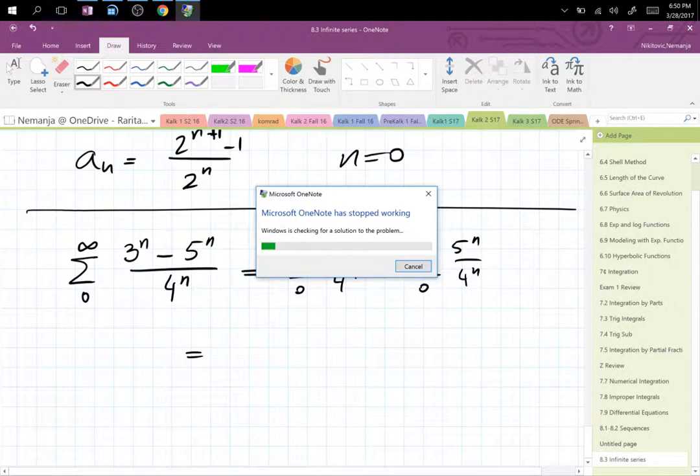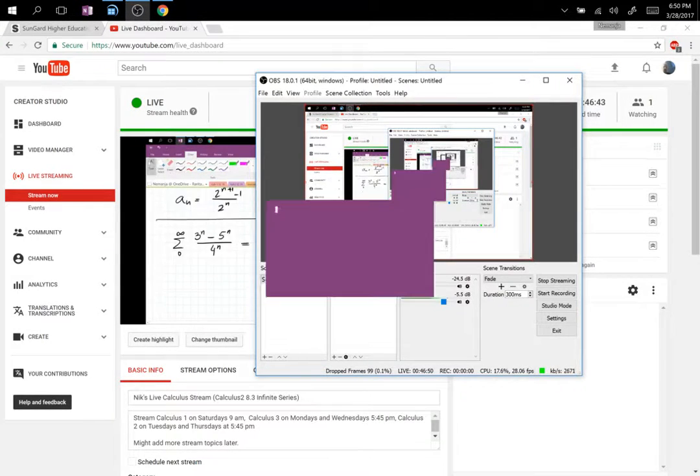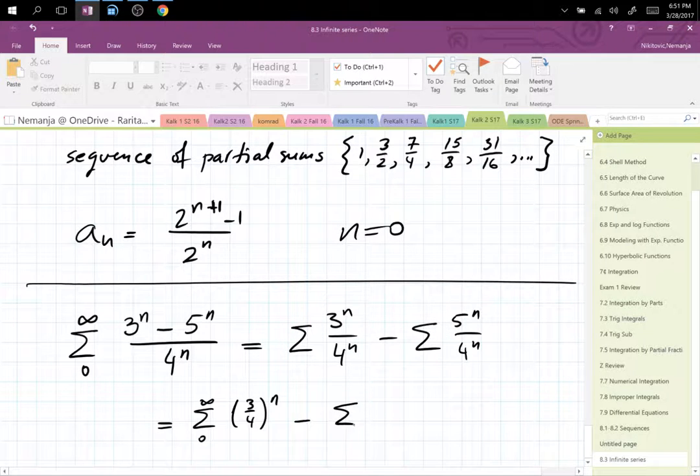The beautiful thing now is I don't even have to touch it. So it's the sum of (3/4) to the n minus the sum from 0 to infinity of (5/4) to the n.